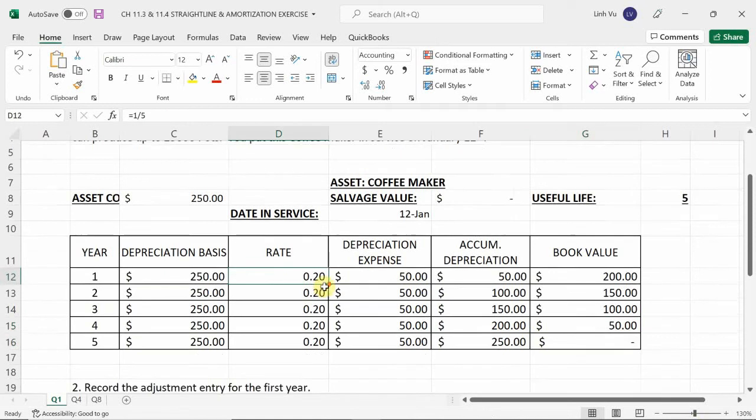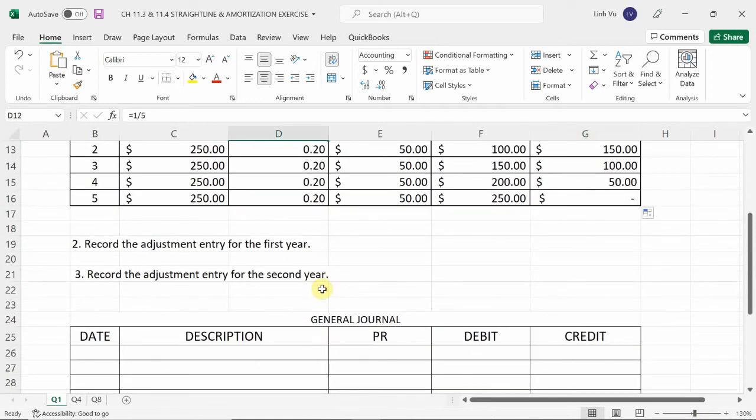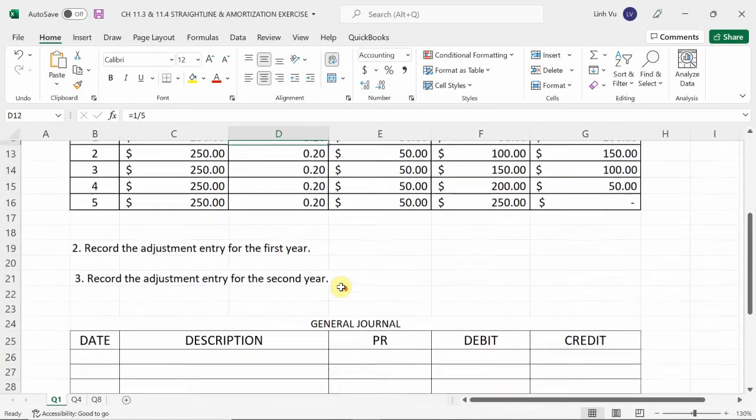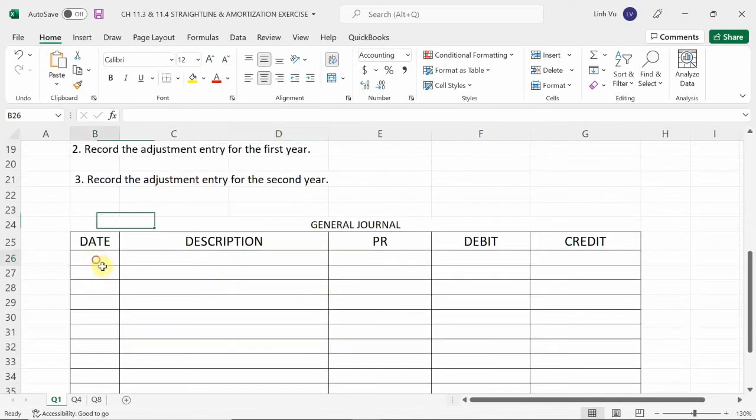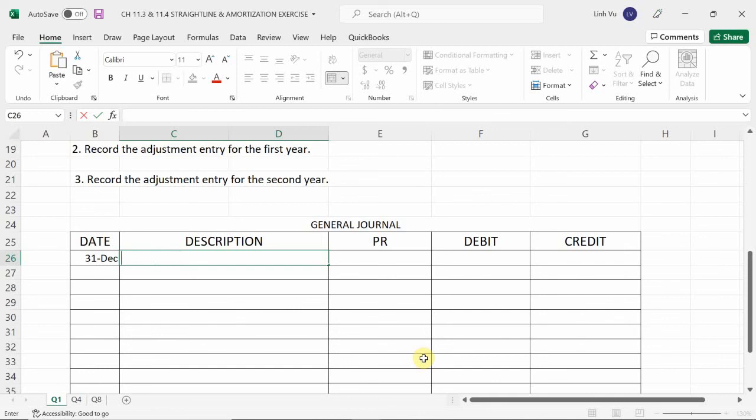Good. All right. So let's go ahead and journalize the entry for the first year. So in this case, how do I journalize this? Depreciation, right? And what's my credit? 250.